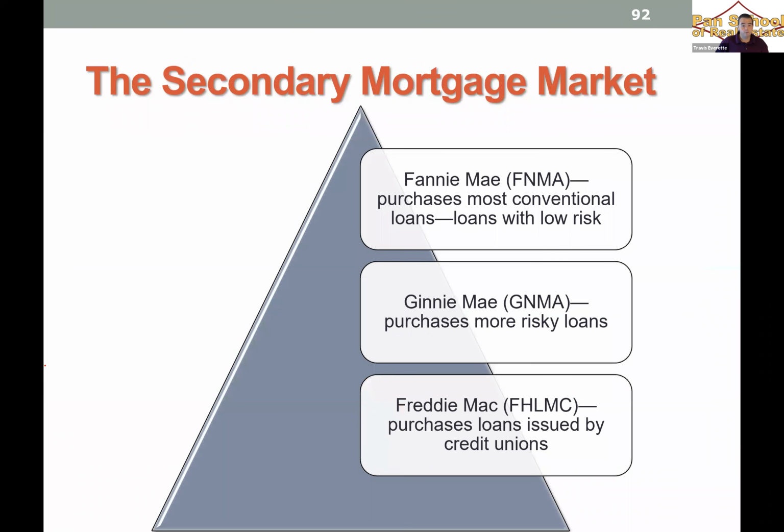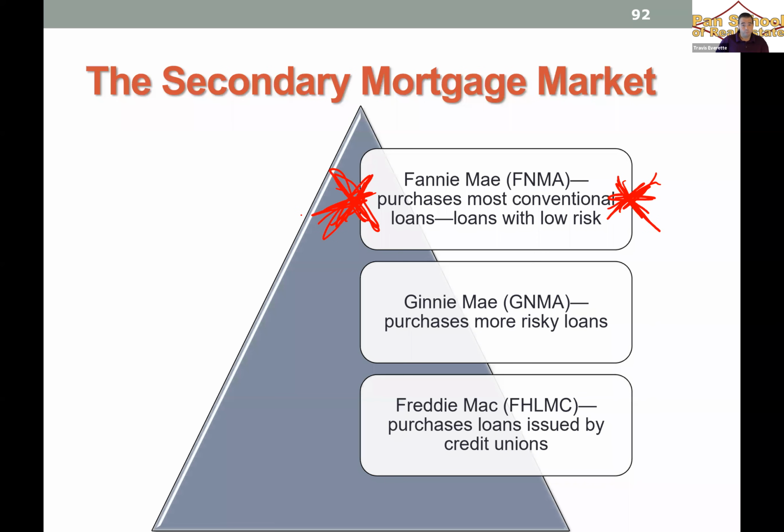In the secondary mortgage market, you have basically one big player at the top, and then a bunch of also-rans. The big dog in the secondary mortgage market is Fannie Mae. That's not really the name of the company.